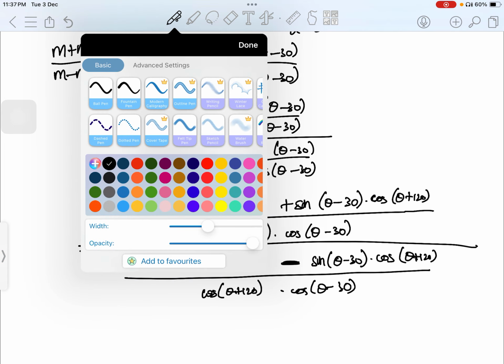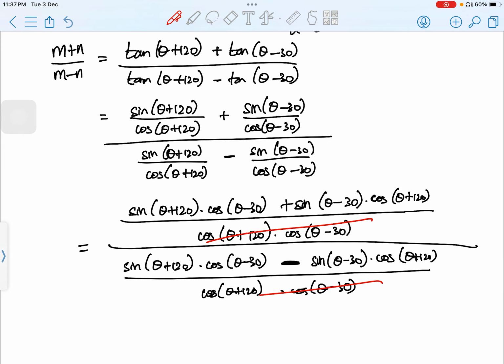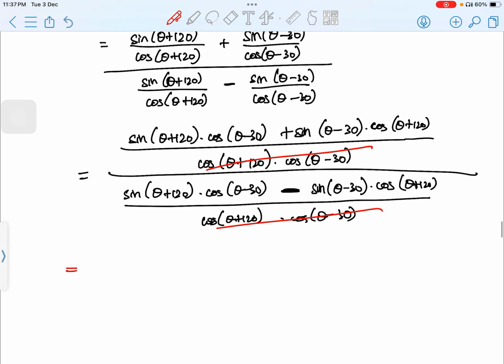So now the denominator cancels, we will get sin A cos B, same term, and here cos A sin B. So you can rewrite this as sin of A plus B. Denominator, sin of A minus B will come.